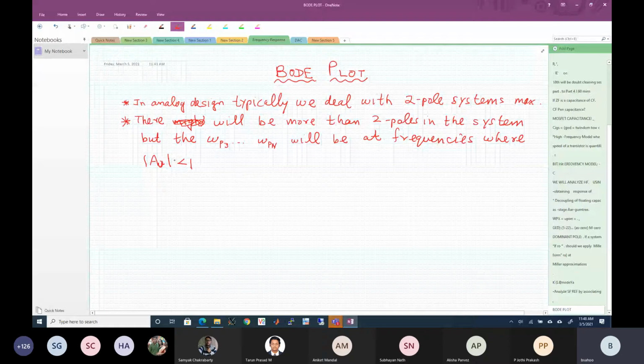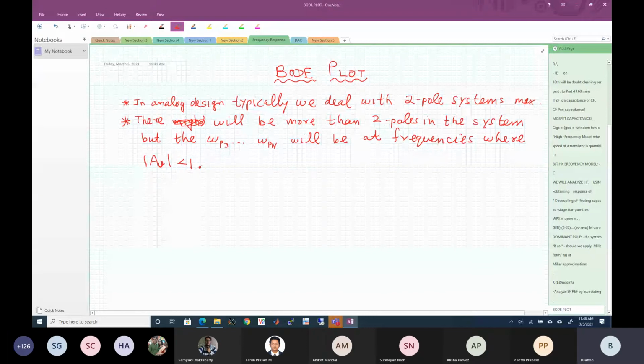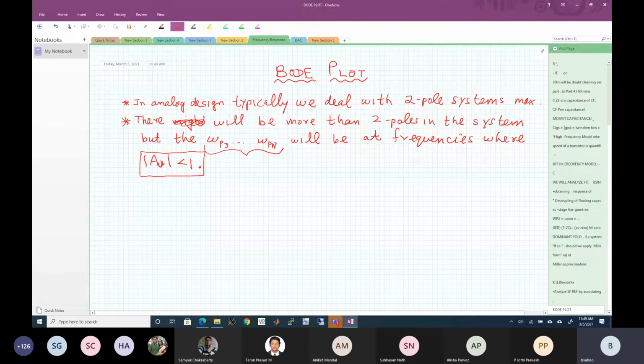So basically, bottom line is we will have multiple poles, but we design the system in such a manner that we place the poles at such places that these higher order poles, omega p3 until omega pn, will be at frequencies at which the gain is less than 1, and we'll justify this.